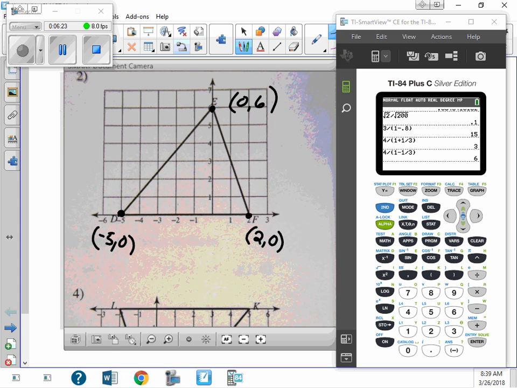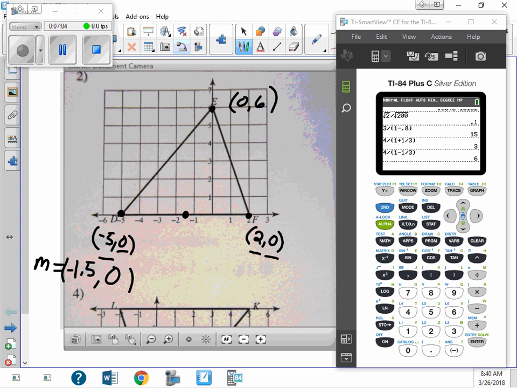So for this bottom one, -5 plus 2 is -3. -3 divided by 2, what's -3 divided by 2? -1.5. So the midpoint is -1.5, comma, 0 plus 0 is 0, and 0 divided by 2 is 0. So my first midpoint is -1.5, 0, right there.